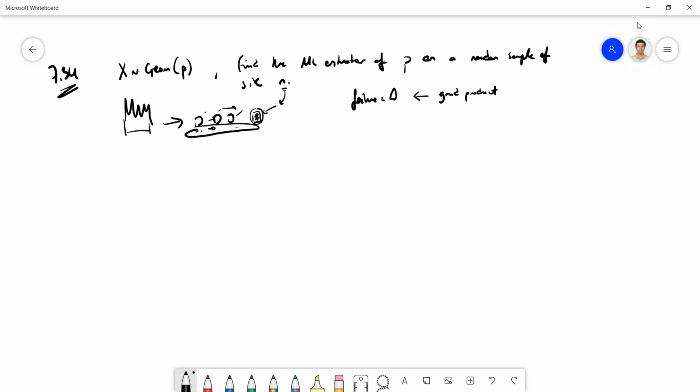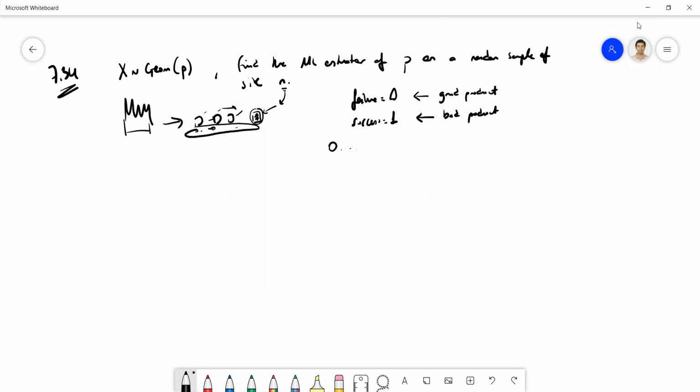Therefore, from a geometric distribution point of view, this is a failure. And success, which corresponds to 1, is actually a bad product, because once we understand that there is a bad product, it means we have success because we stop the geometric process.